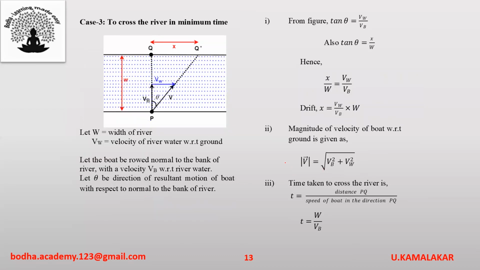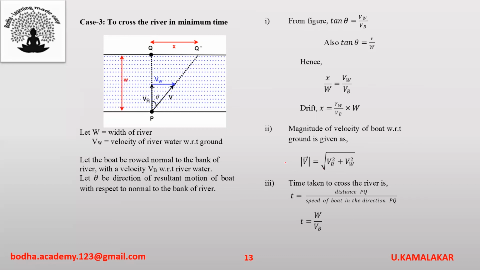Case 3. To cross the river in minimum time, let w be width of river, vw equals velocity of river water with respect to ground. Let boat be rowed normal to the bank of river with a velocity vb with respect to river water.